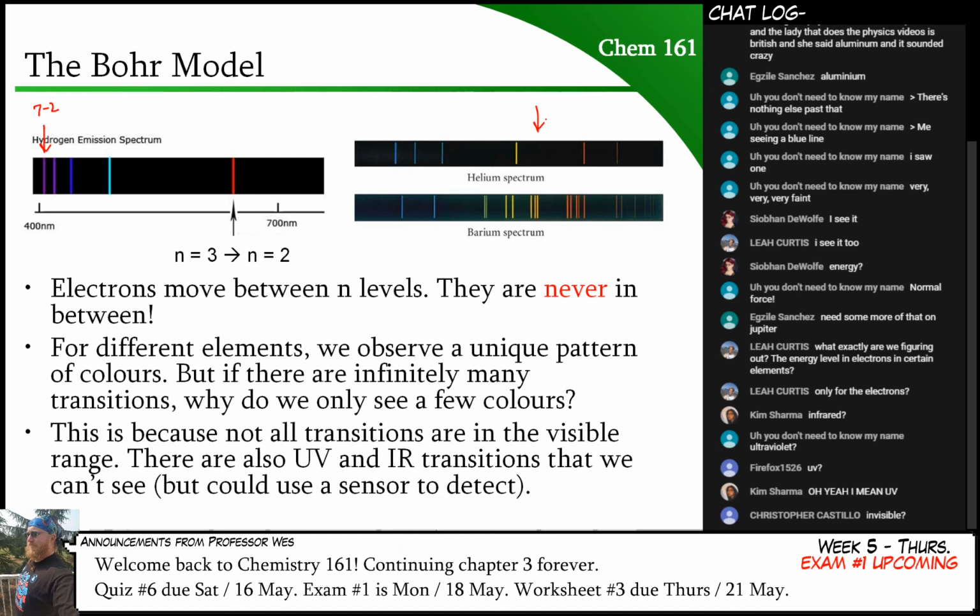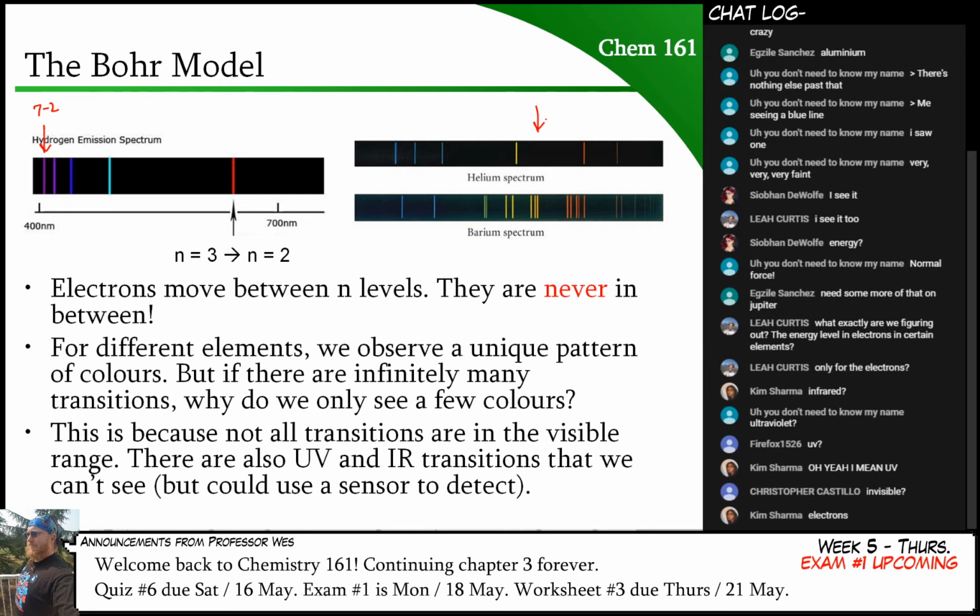And you might look at that and go, well, where are all the lines coming from? Well, what do helium and barium have more of that might change how the energy levels are arranged? They have more electrons, so that's half of it.